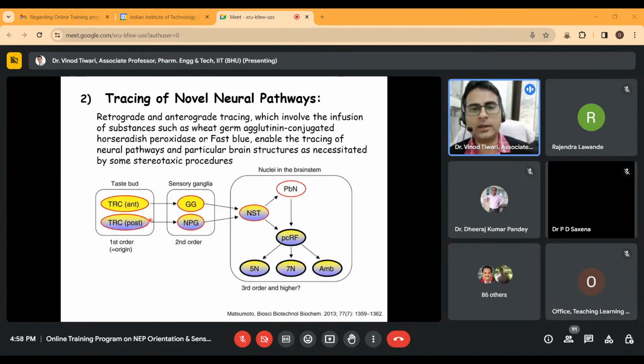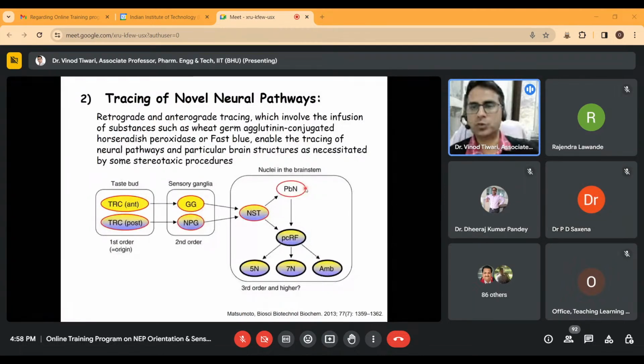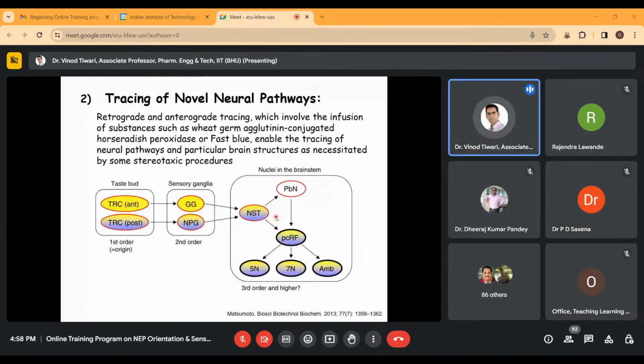Now how are they connected? They are connected with the sensory ganglia, which are known as the secondary order neurons or second order neurons. And now these neurons are connected to the third order neurons, or the higher neurons, which are present in the brain stem. So you can see how the system works. आप जब कोई चीज छूते हैं या आपको कहीं पे गर्म ठंडा महसूस होता है तो वो भी ऐसे ही होता है, because primary neurons are present in the fingertips basically, right, or the foot.